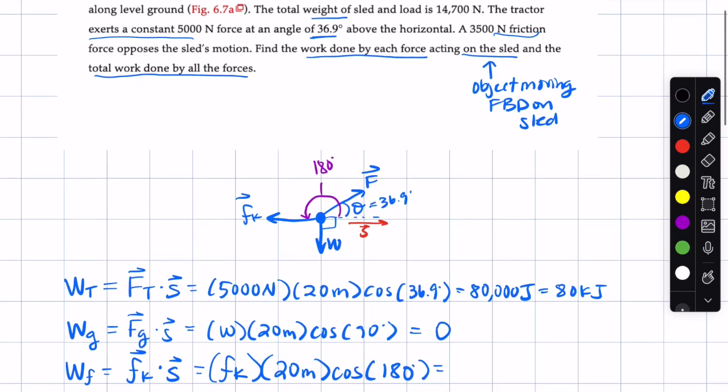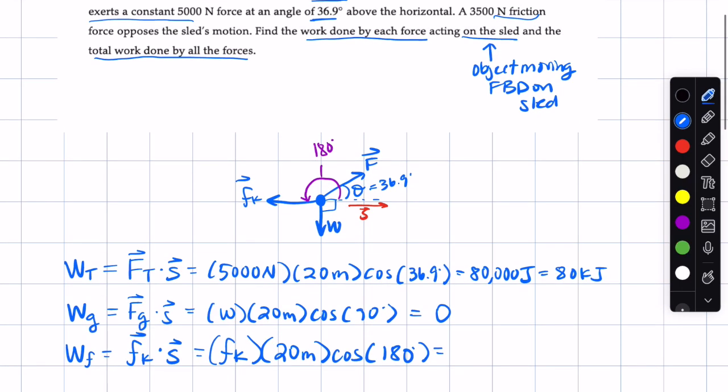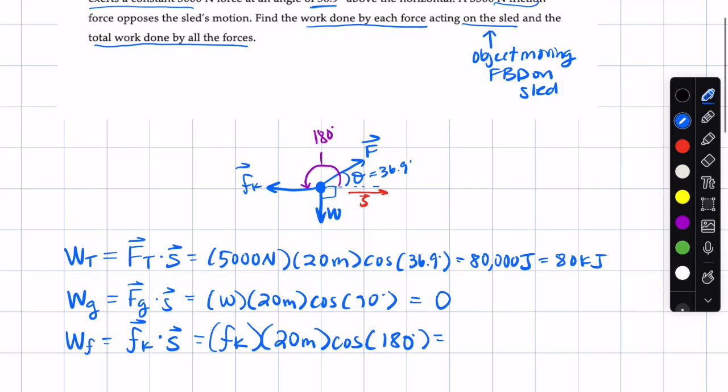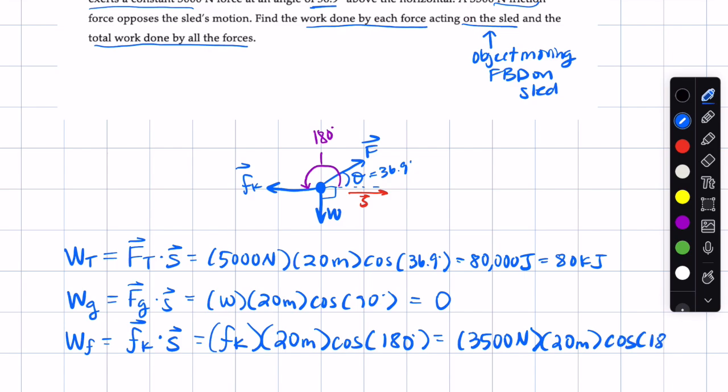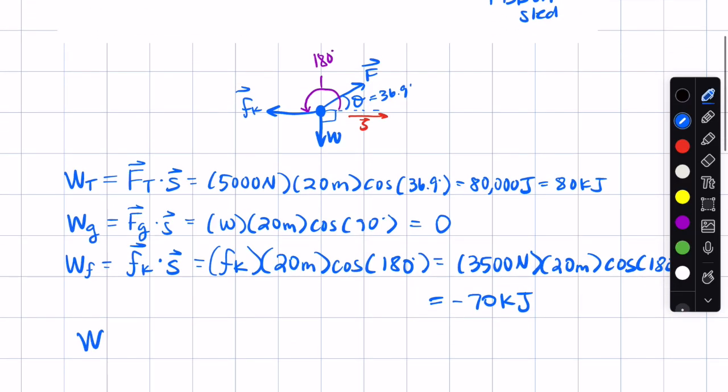If it wasn't given to us, we would use mu k mg to find that. But we would need the coefficient, which we don't have. But they gave us the magnitude of the frictional force is 3,500 newtons, 20 meters displacement, and then cosine of 180. So that is negative 70 kilojoules, 70,000.